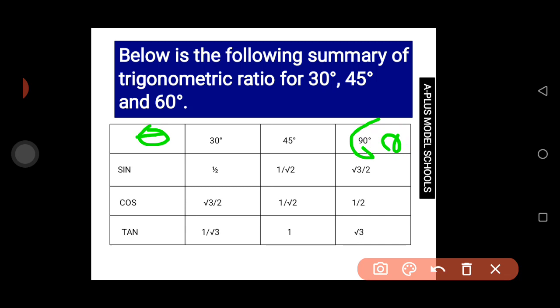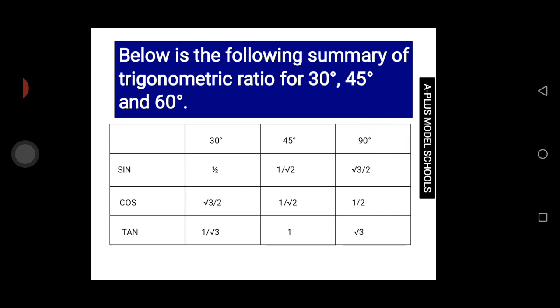Cos 30 degrees is root 3 over 2, cos 45 degrees is 1 over root 2, cos 60 degrees is 1 over 2. Tan 30 is 1 over root 3, tan 45 degrees is 1, and tan 60 degrees is root 3. When you check this table very well, you see that sine 30 degrees is equal to cos 60 degrees, both 1 over 2.